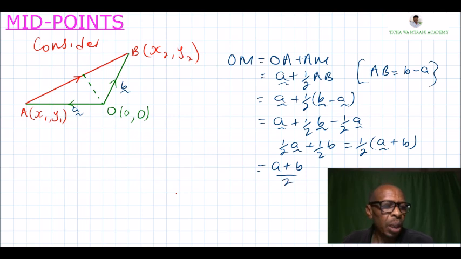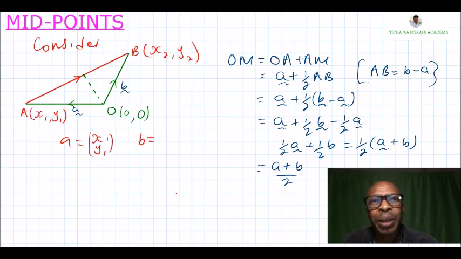Once we have that, we already have A is equal to x1, y1, and we have B, using the coordinates, x2, y2.